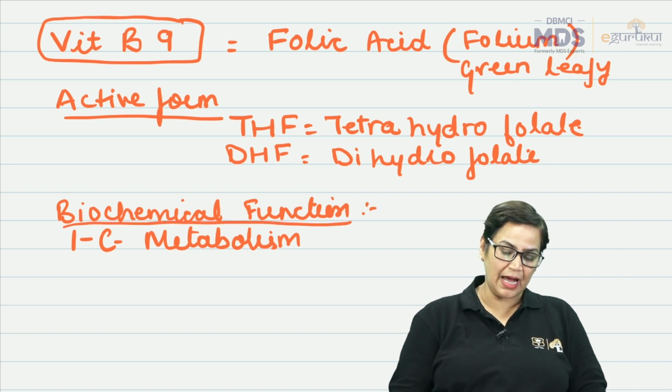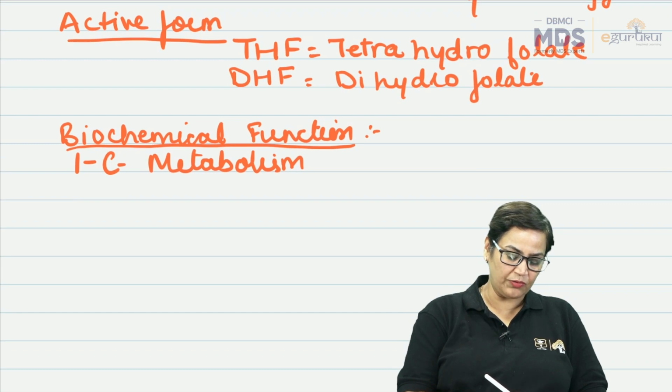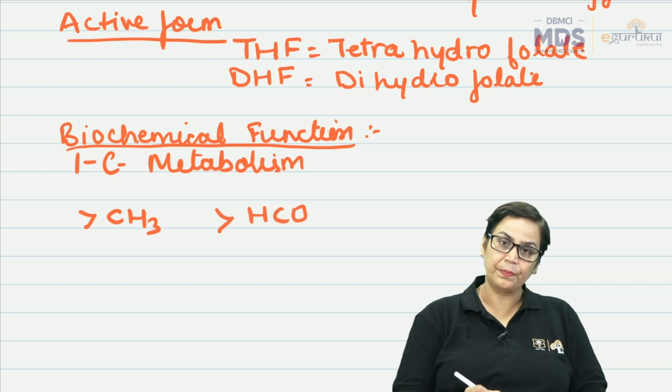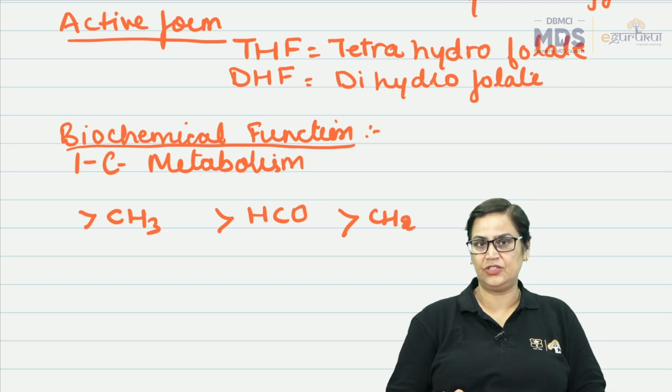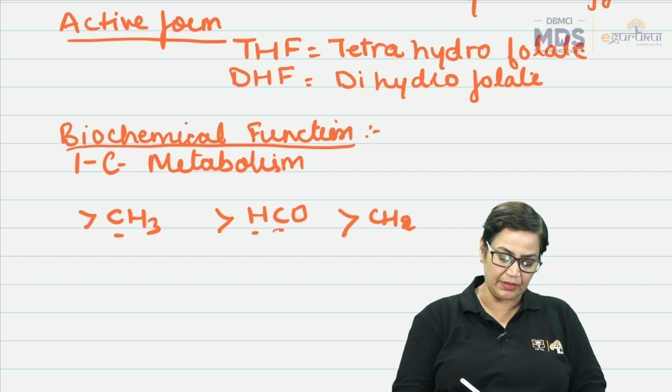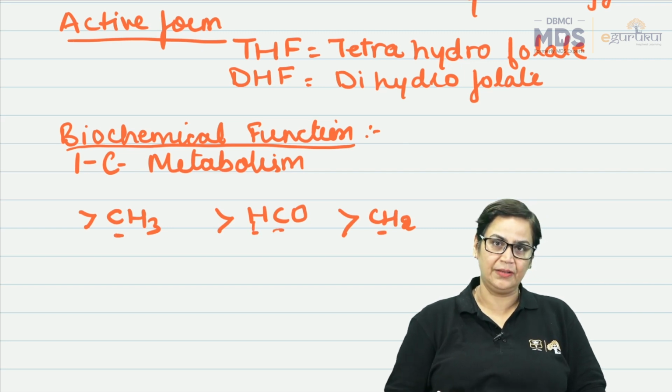Now this 1 carbon can be given in the form of methyl group, which is CH3. It can be given in the form of formyl group, which is HCO. It can be in the form of methenyl group, which is CH2. Okay, because everywhere this is 1 carbon which is being donated.